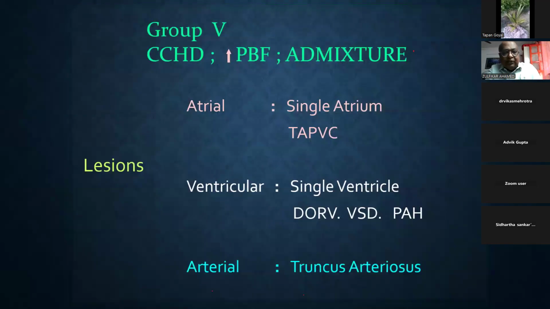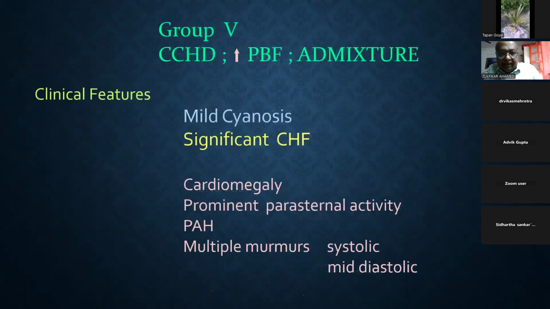So this brings us to a fourth group called admixture lesion. This mixing of both-sided blood can occur at the atrial level, single atrium and TAPVC, ventricular level, single ventricle and DORV, and the arterial, that is truncus arteriosus. 5 major admixture lesions.